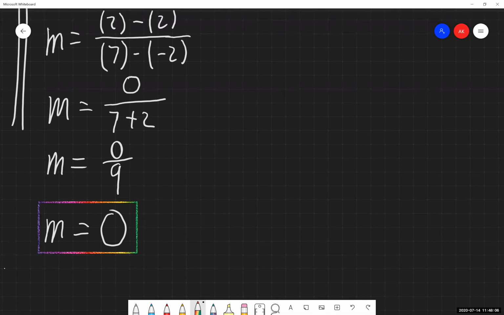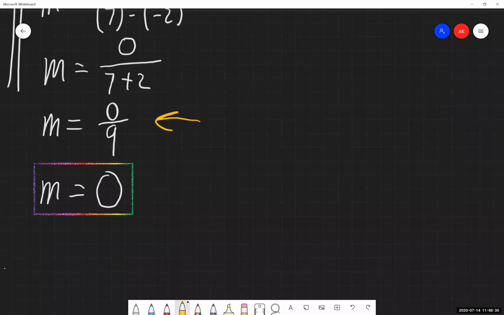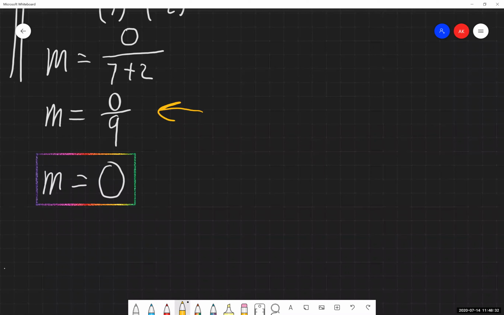I'll give you guys a second to think for yourself or on your own here for a quick 10 seconds or so. What kind of a graph would have a slope of 0? Give you a second here to think on it, but think of the change in y over the change in x. And what kind of a graph would that look like?